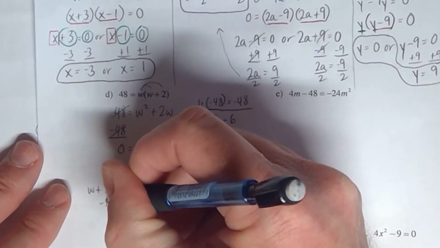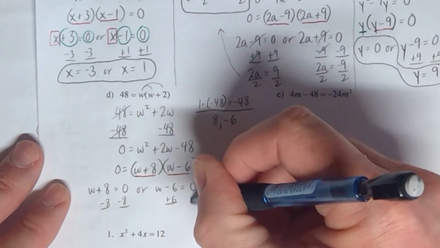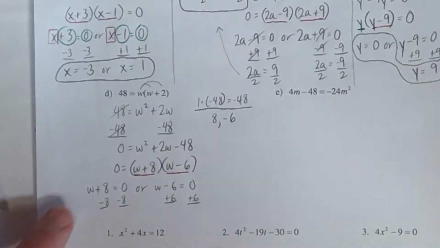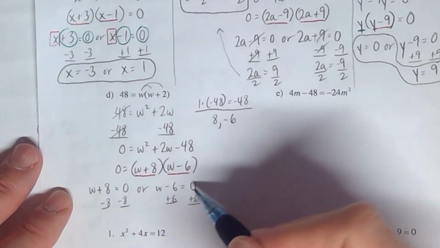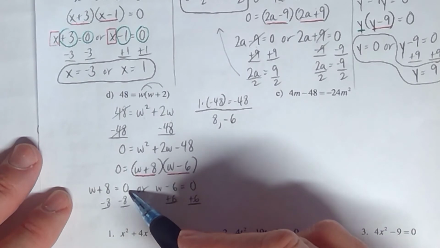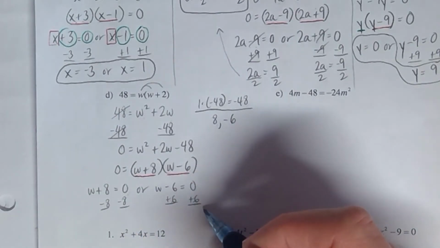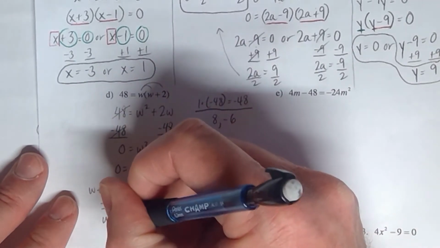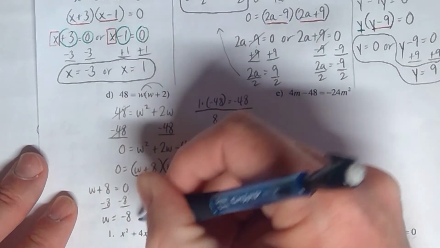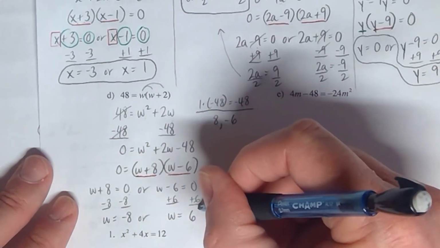We need to move over the 8 with the 0, and then move over the 6 with the 0, so that the w term will be on the opposite side from the 0 and 8, which will be on the right-hand side. Same thing over here: 0 and 6 are now on the opposite side from the w. So what do we get? We get w is equal to negative 8, or w is equal to positive 6.